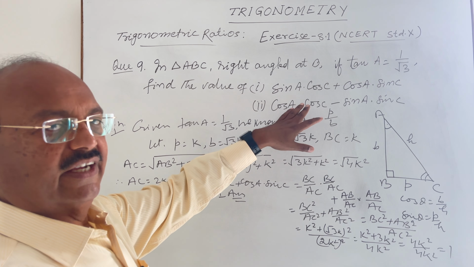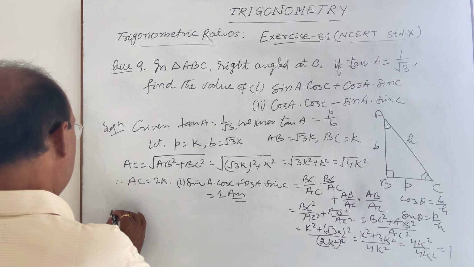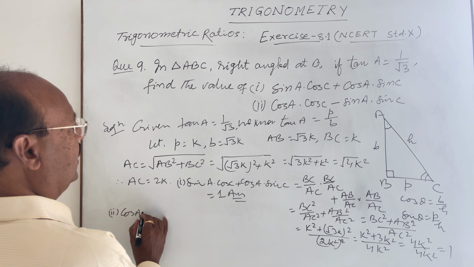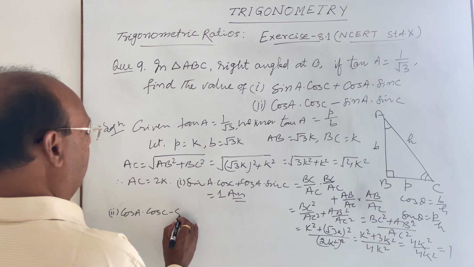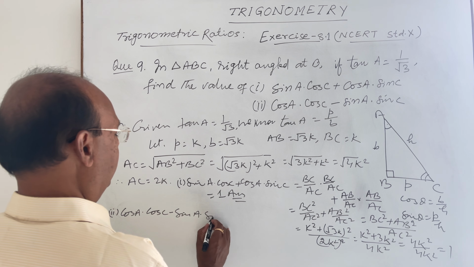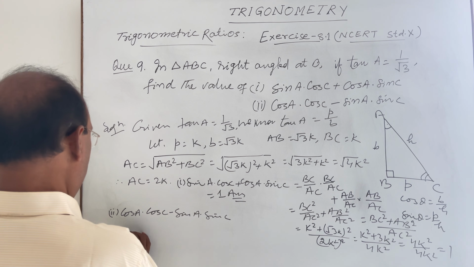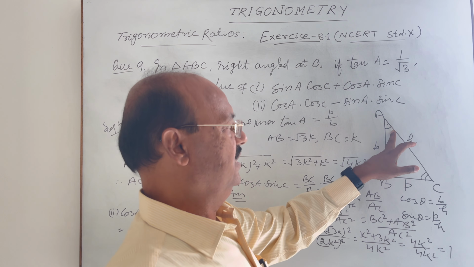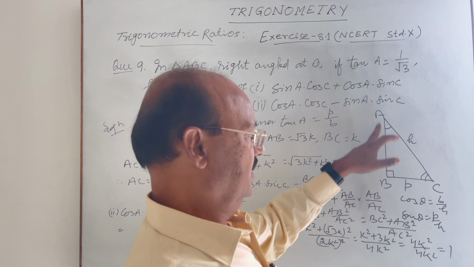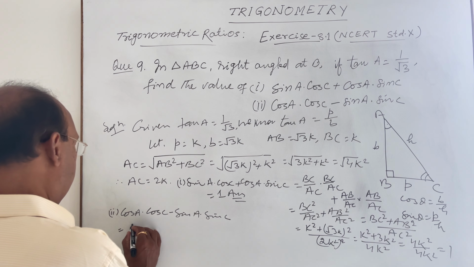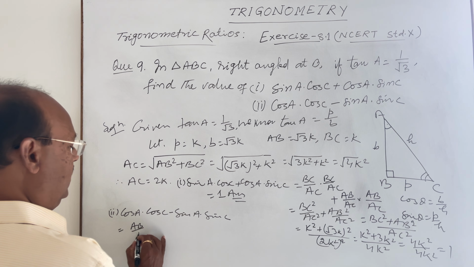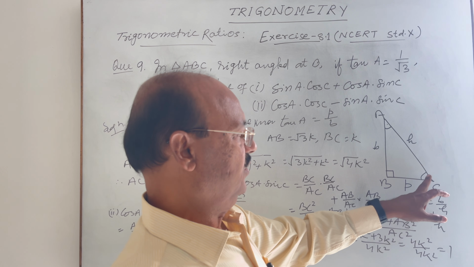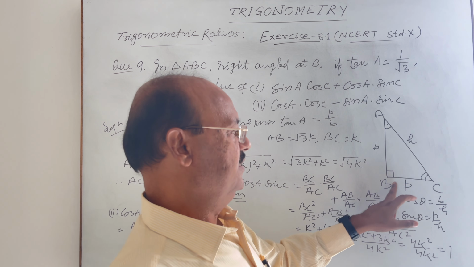Similarly, you can try the second part also. This is very simple. The second part is cos A into cos C minus sin A into sin C. And cos is B by H. With respect to this angle A, base is AB. So cos A is AB by AC, and cos C with respect to this angle C, base is BC.